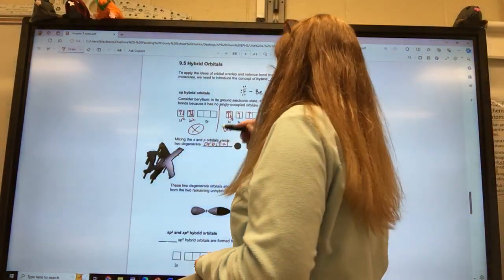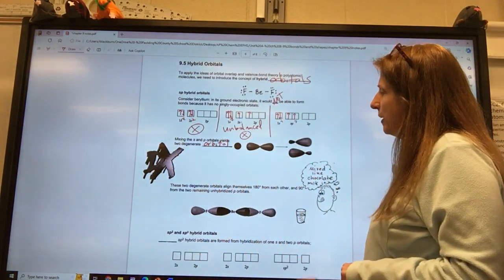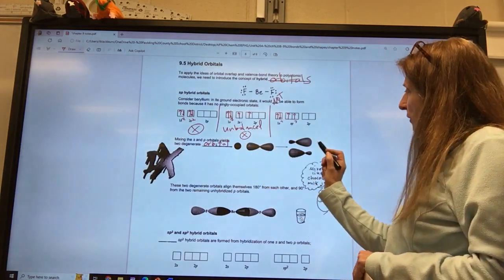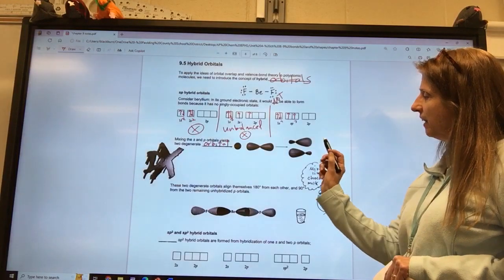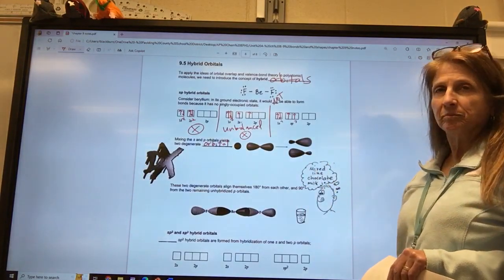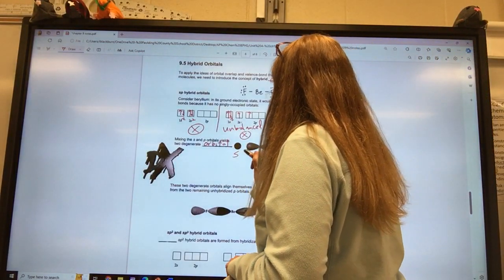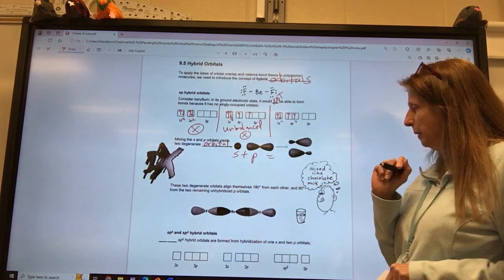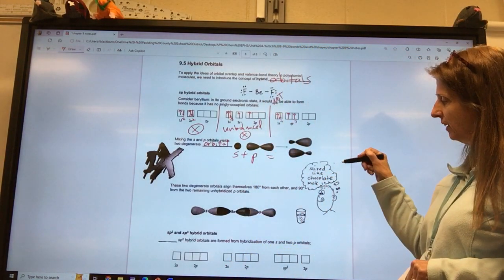Okay? So, mixing the S and P makes a new kind of orbital. There's an S, there's a P, and when they get mixed, they look like that. And they can go either way. So, S plus P equals SPs. You're mixing it like chocolate milk.